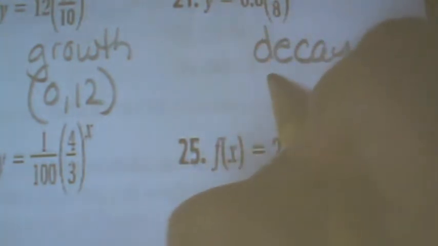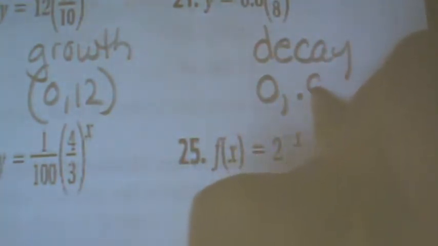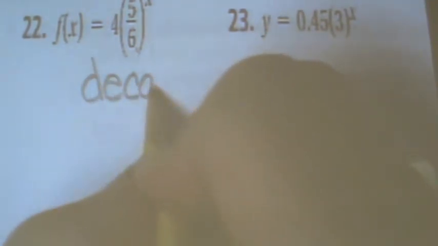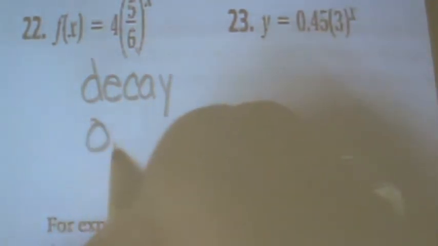Where's it going to hit the y-axis? 0.8. Next one, what's that? Decay. 5/6 is bottom heavy, so this is decay. That's less than 1. (0, 4).